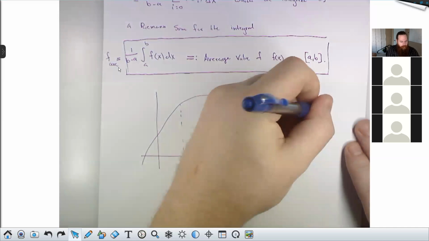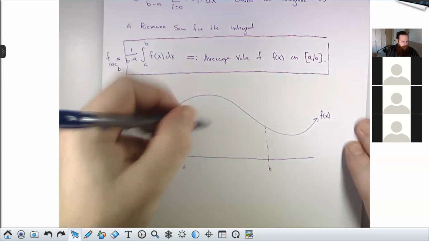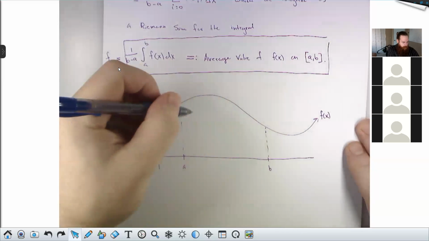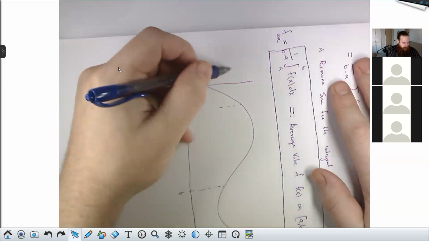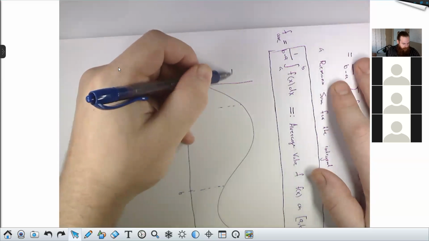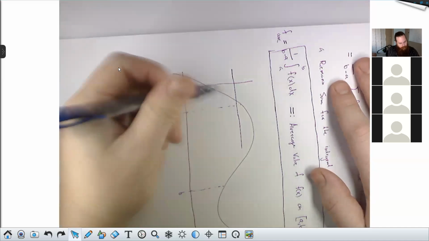So if this is f of x, I'm going to draw in another function now, something like that, which will be a constant function. I'm just guessing on this.